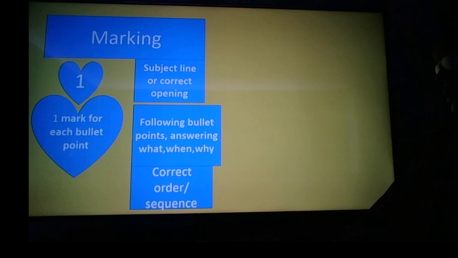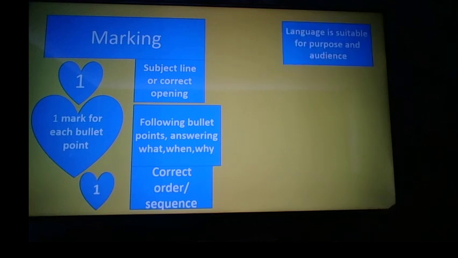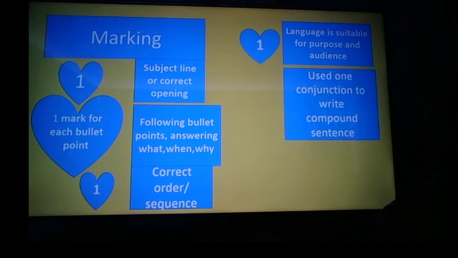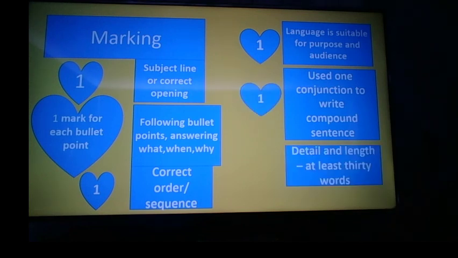You also get 1 mark for the correct sequence of your writing. And if you're writing an email, is your language suitable? You will get a mark. Have you used a conjunction? If you're working at entry level 3, that's all they're looking for there for a mark. And have you written, if it's entry level 3, at least 30 words? If you have, you get a mark. And these marks all add up.